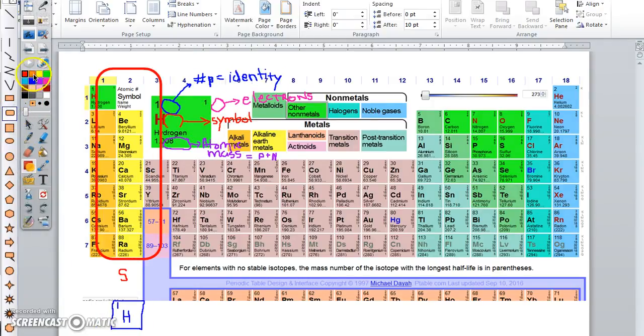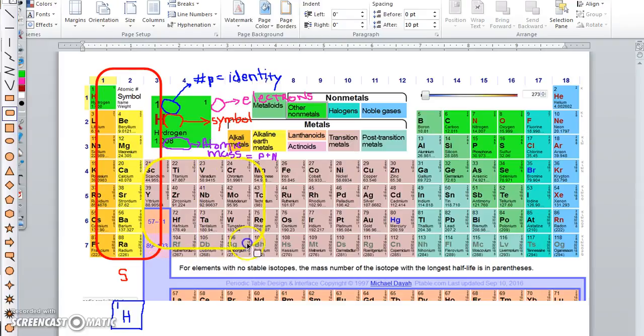Okay, so let's grab a shape again. We'll do the square. Maybe that bright yellow will help us out in this. So bright yellow, and let's go over here. We'll have to straighten this up here in a second. Okay, right here, we've got what we call the d orbitals.